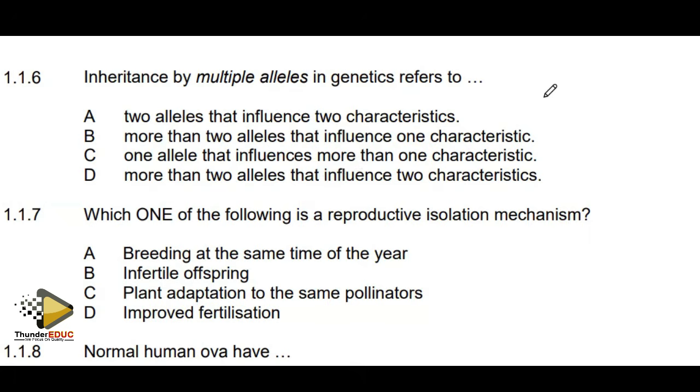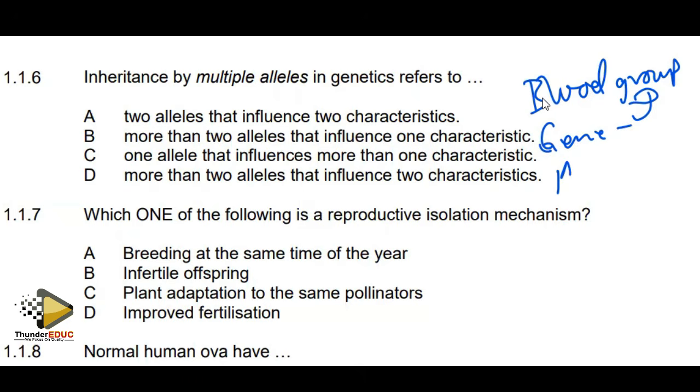A good example for this is blood group. It is 1 gene, which is blood group. That's 1 characteristic. And then how many alleles are there? We have the allele for A, a dominant allele; for B, a dominant allele; and then the allele for O, a recessive allele.